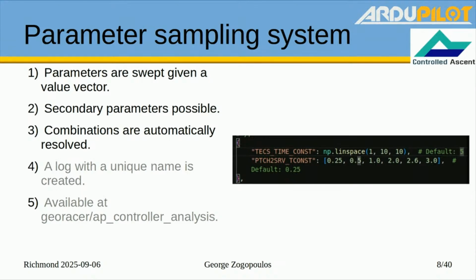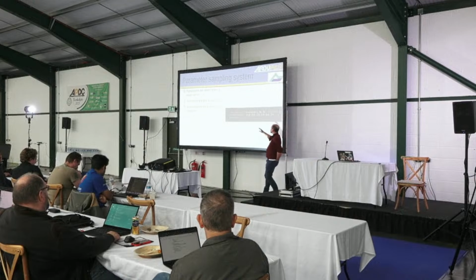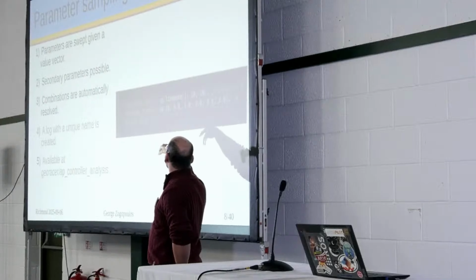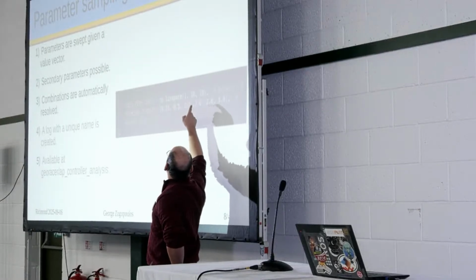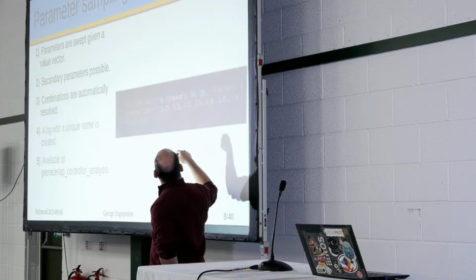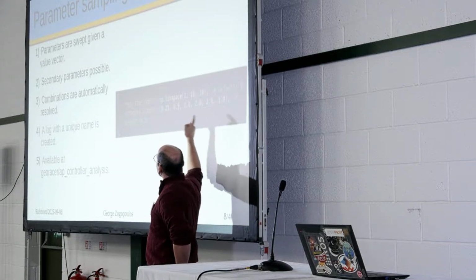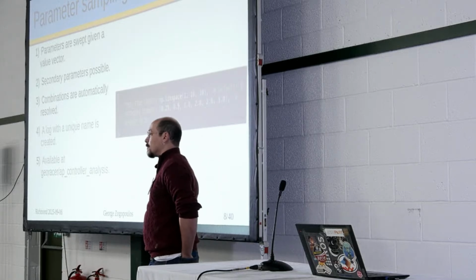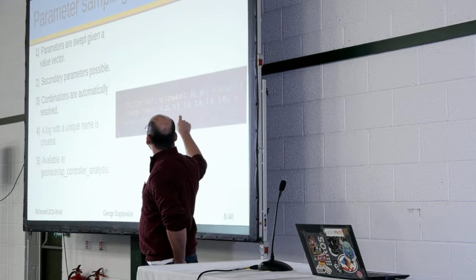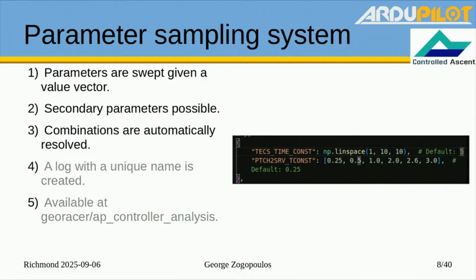For example, this is one sample case where I want to sweep the TECS time constant parameter from the value 1 to value 10 with 10 samples in between. And I want also to repeat this for these values of the pitch servo time constant. So basically, as many lists are put into every sampling case, the external product of those values is going to be run.